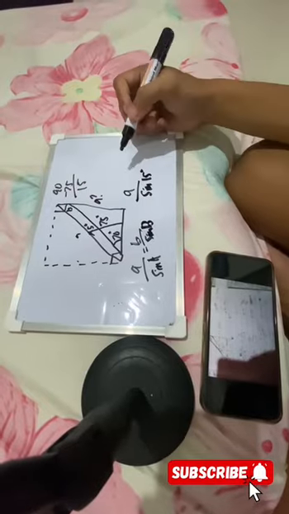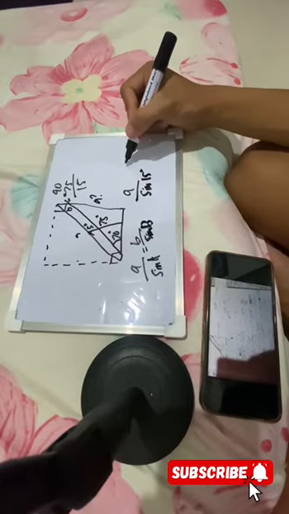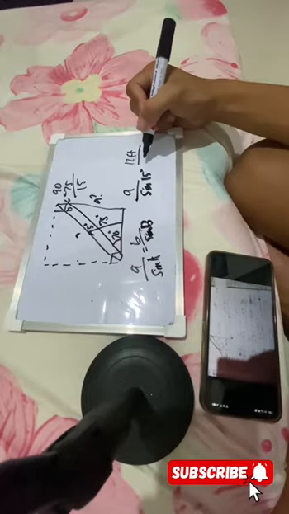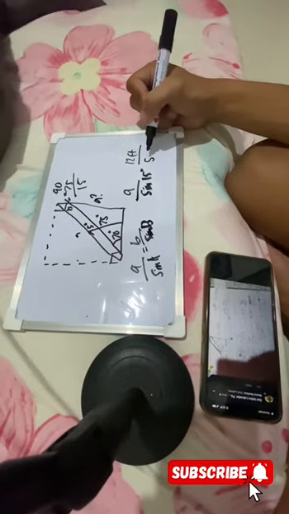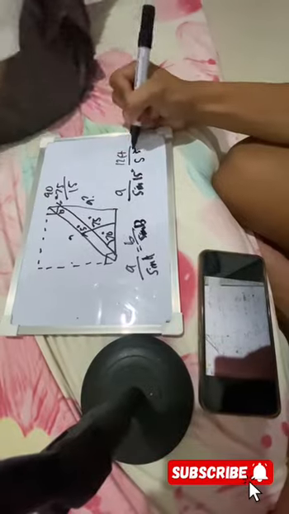The pole is 12 feet, this is our B, over sine B, which is 5 degrees.